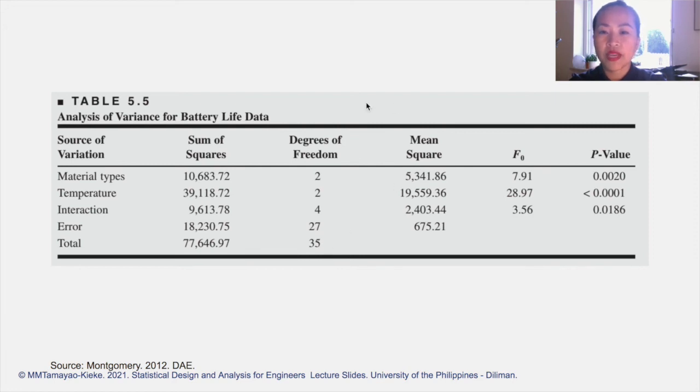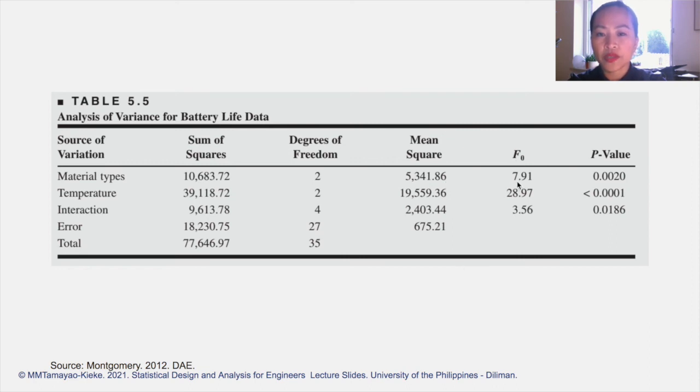As for the mean square, we just divide each sum of square by the degree of freedom to get these numbers here. So 10,683.72 divided by 2 is equal to 5,341.86, and so on.